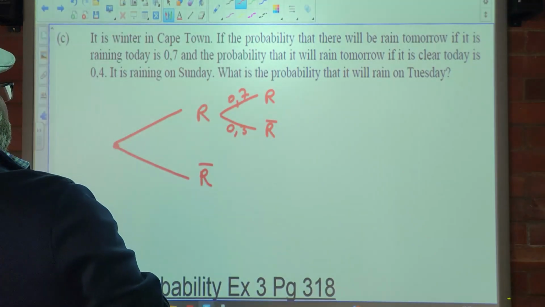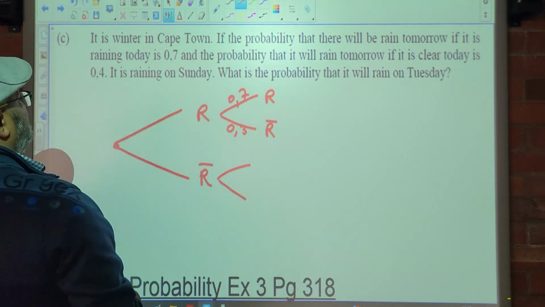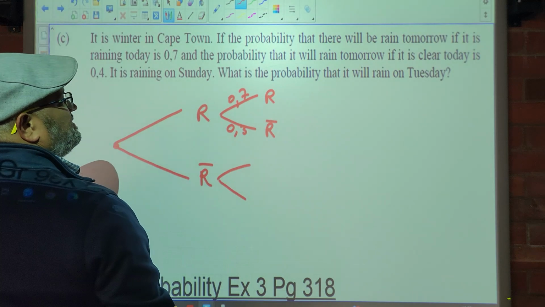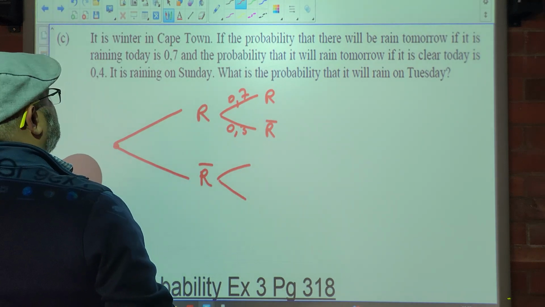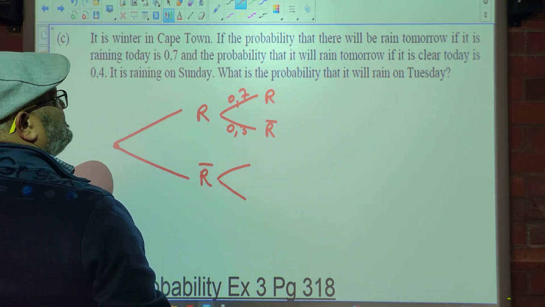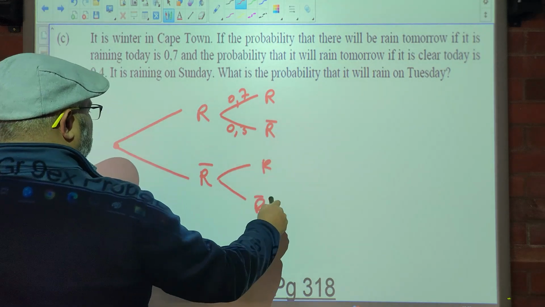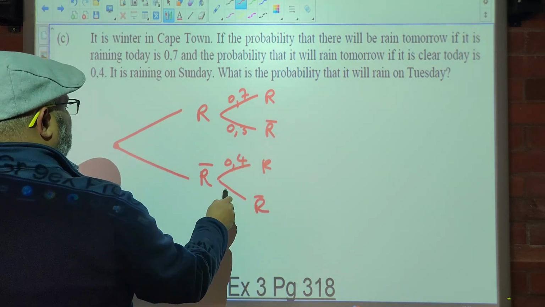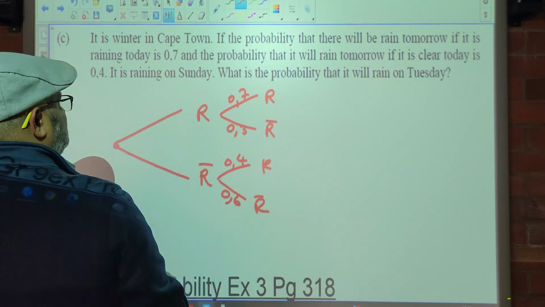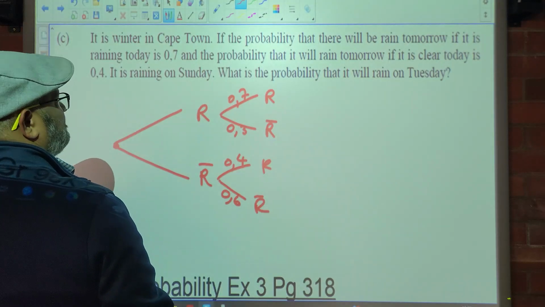If it's clear today, which means to say no rain, probability for rain tomorrow is clear today. Okay, rain and no rain. 0,4 and then no rain, 0,6.